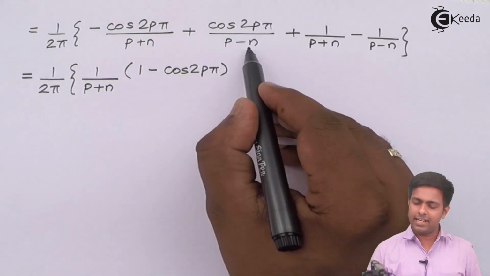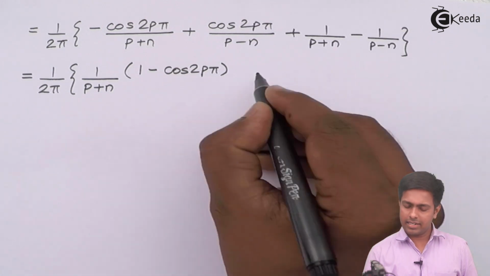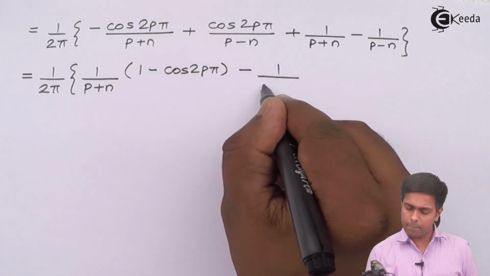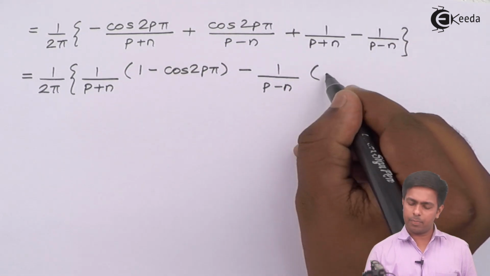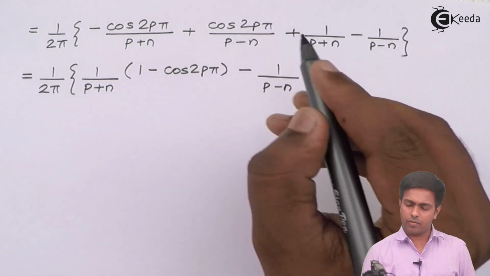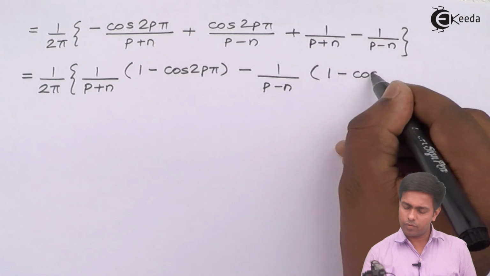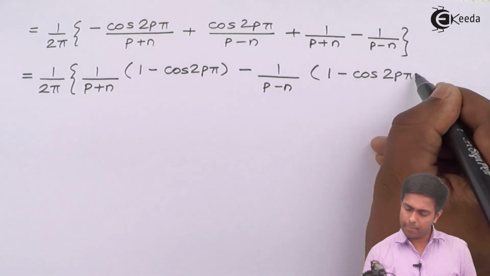Similarly, from the second and the last term, I'll take negative 1 upon p minus n common. So in the bracket, from here we will get positive 1, and from here we will get negative cos of 2p pi.